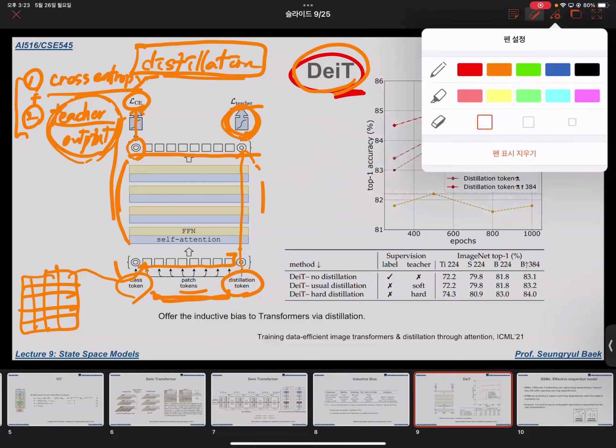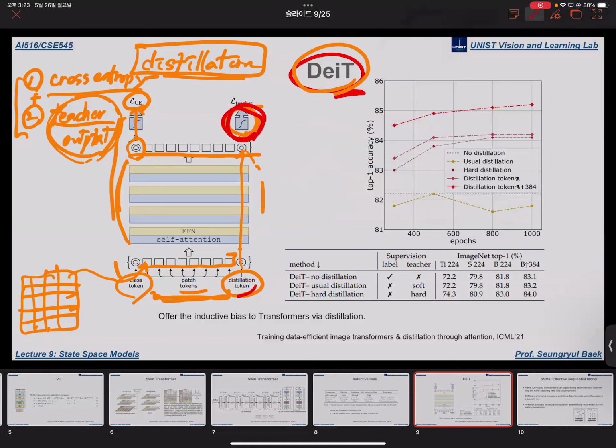By involving one more token, we apply this kind of distillation loss. This is the training epochs, and this shows the performance. This is the accuracy when we do not apply any distillation, and these are different types of distillation.